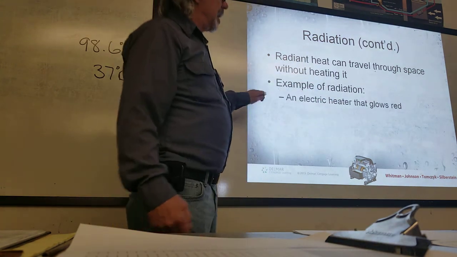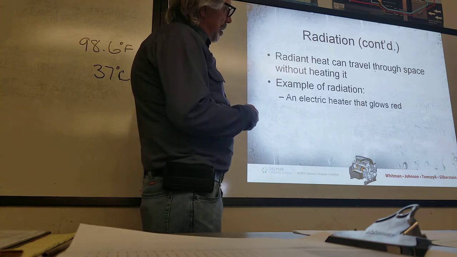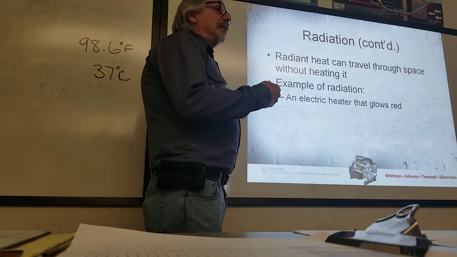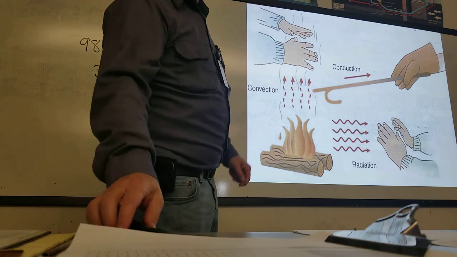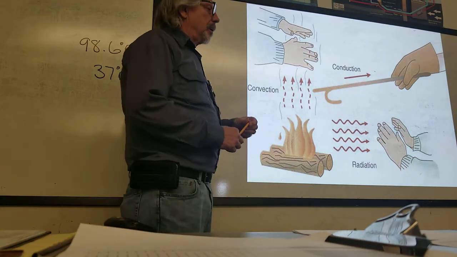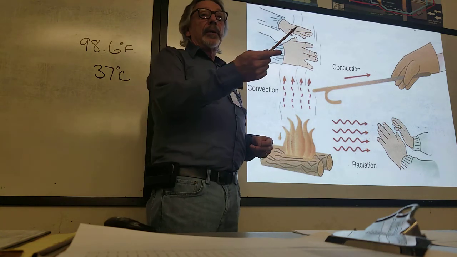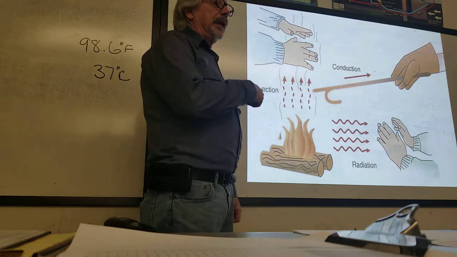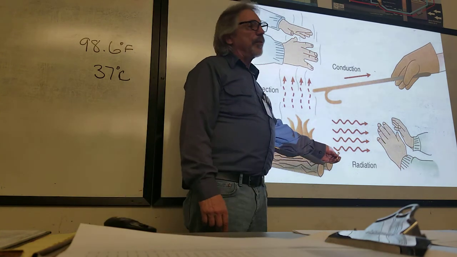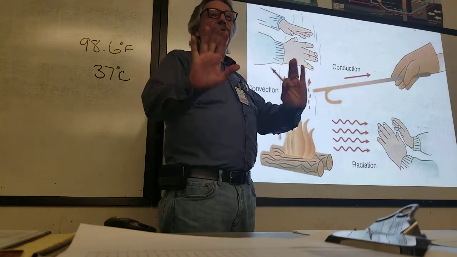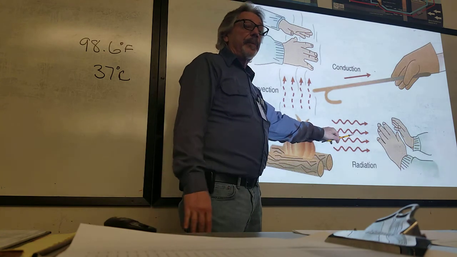So here's an example, and I use this because it's a good demonstration of the three different types of heat transfer. Have y'all been camping before? Build a campfire? The heat you feel from that campfire, sitting in front of it, that's radiant heat.